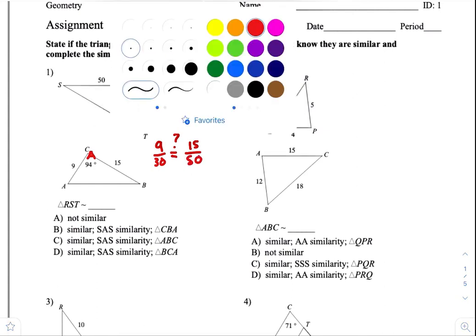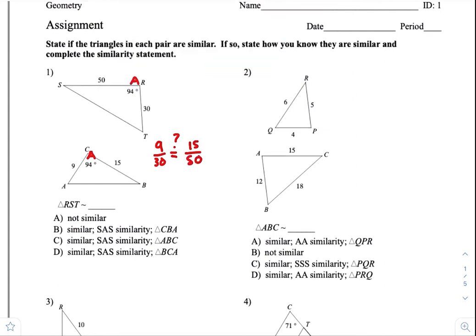If you simplify, divide by 3 for the top and bottom, and it's going to be 3 over 10. And for this one, divide top and bottom by 5. Since they're equal, then they're similar. So this side is proportional to this side, and this side to that side. So these triangles are similar by side-angle-side.